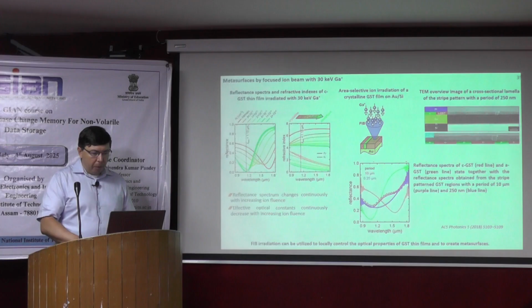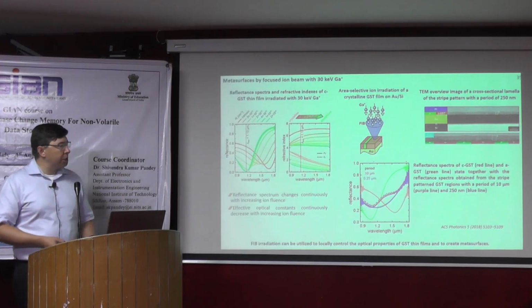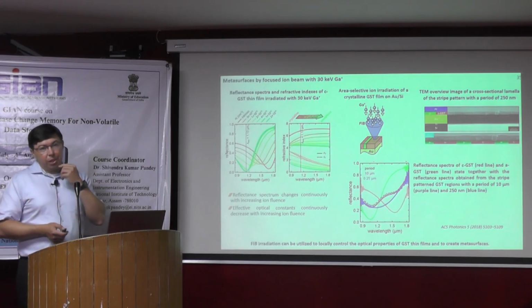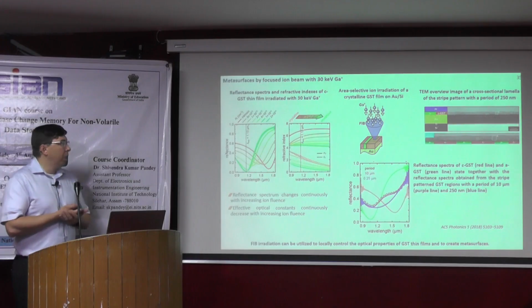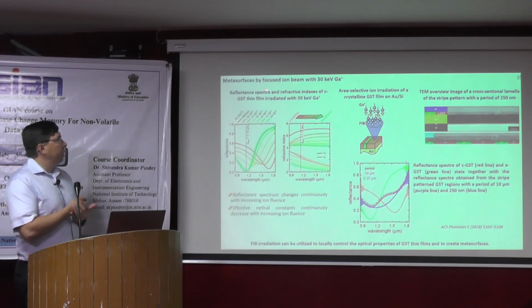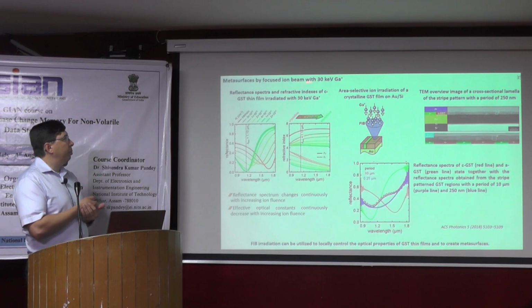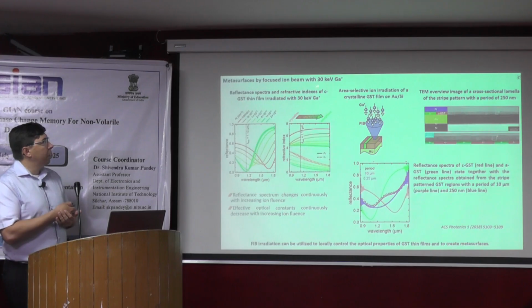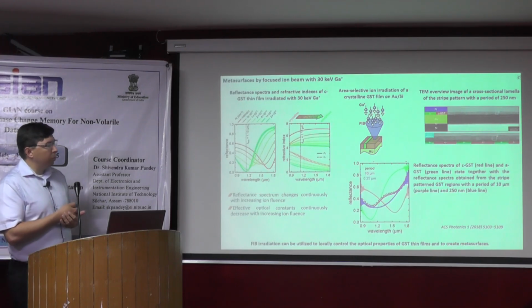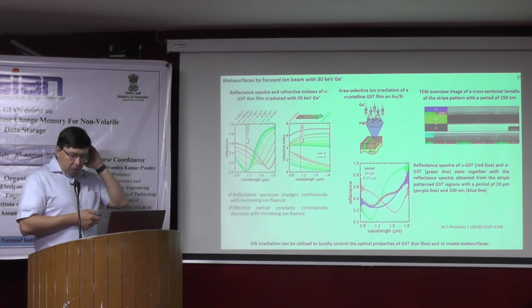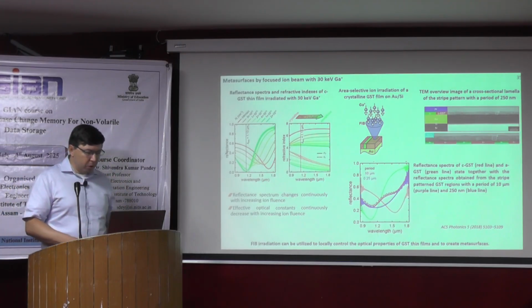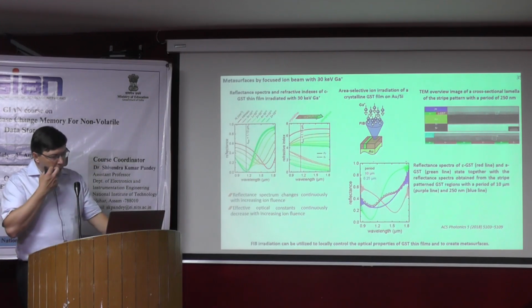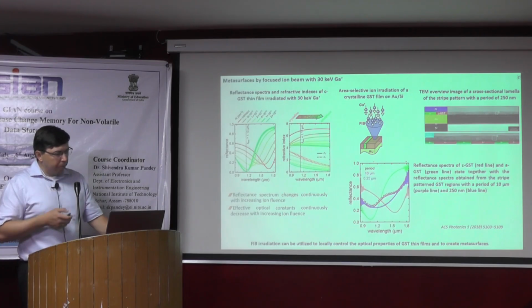Now some applications of ion beam irradiation: how material properties can be adjusted or even created by ion beams. In this case, the ion beam from the FIB, focused ion beam system, was used, with an ion beam energy of 30 keV. This is a standard tool, as I said in the previous lecture, for TEM specimen preparation, and it can be used for research.